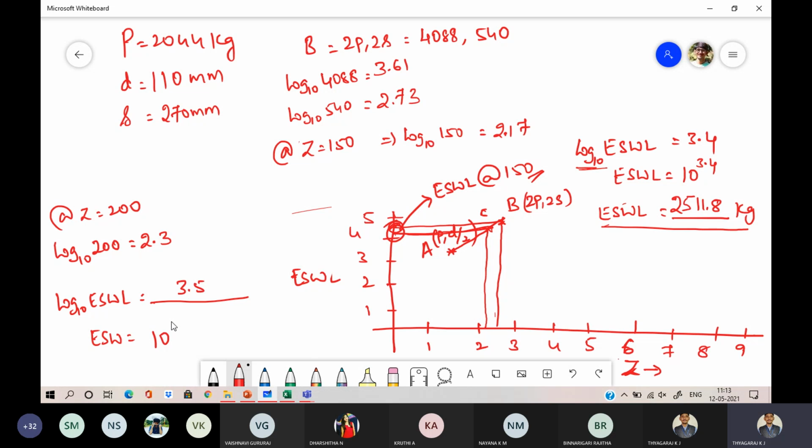So 10 power 3.5, calculate the value, we get it in terms of kg. This is using the normal graph sheet.